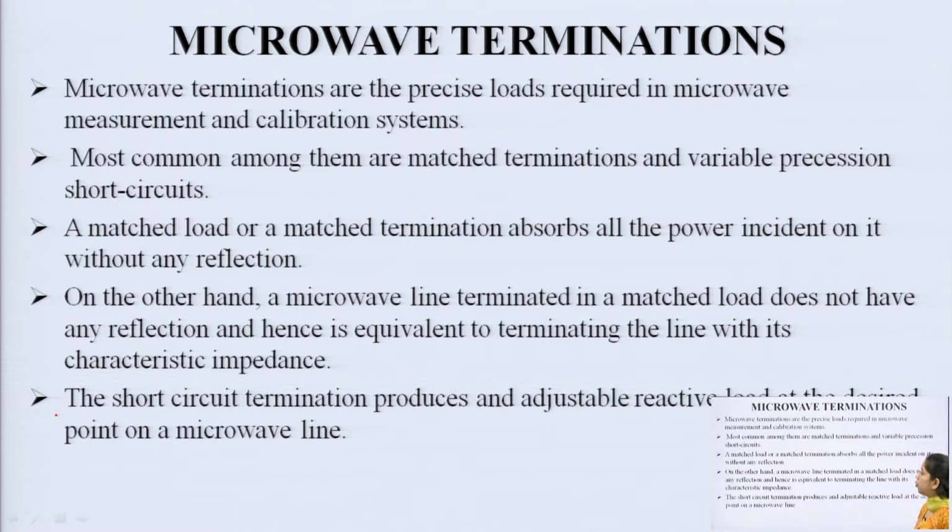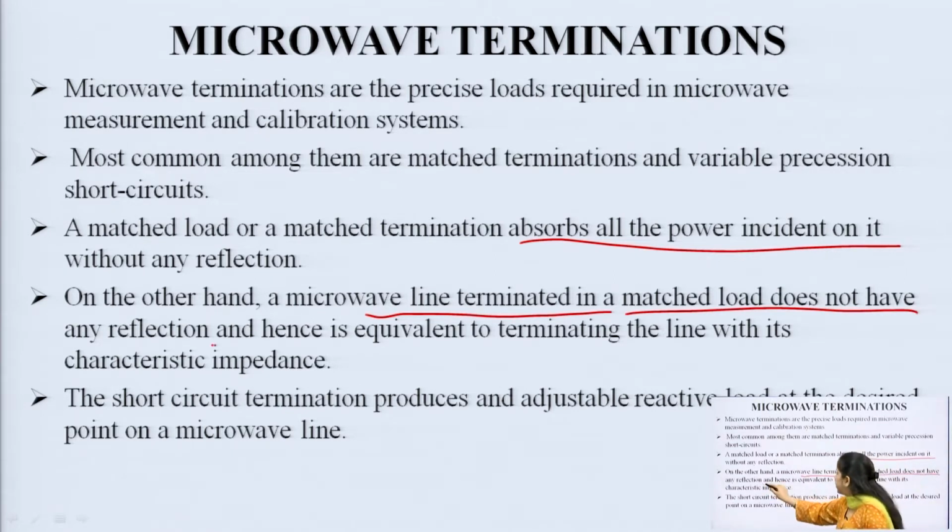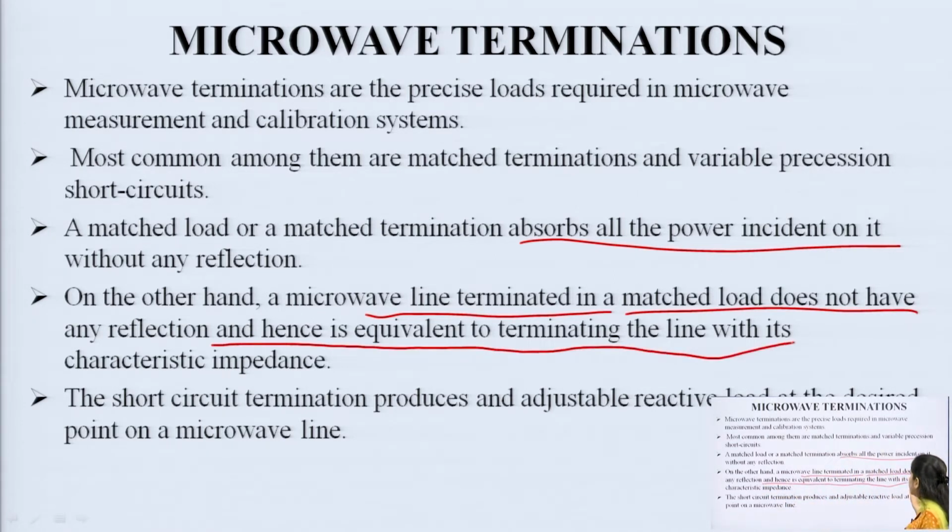A matched load or a match termination absorbs all the power incident on it without any reflection. On the other hand, a microwave line terminated in a matched load does not have any reflection, and it is equivalent to terminating the line with its characteristic impedance.